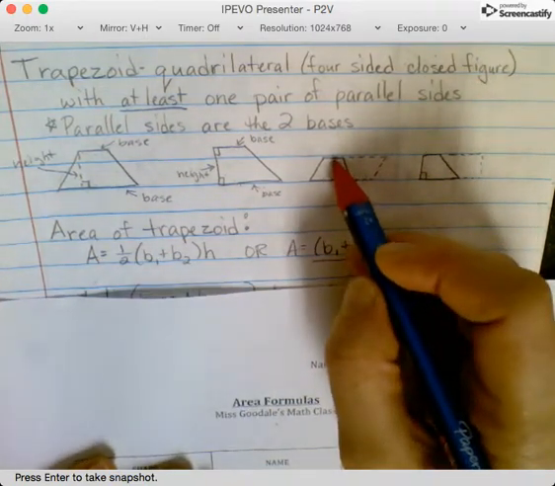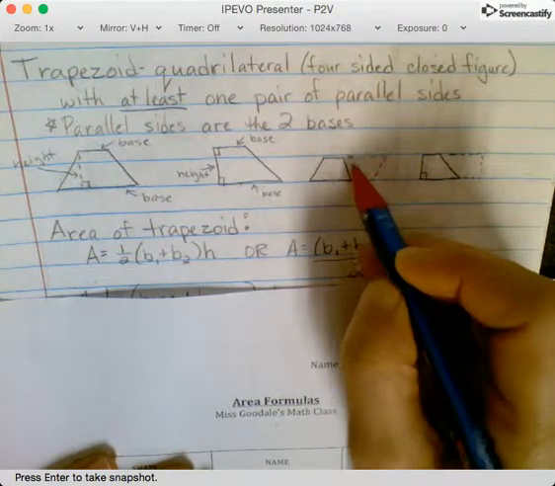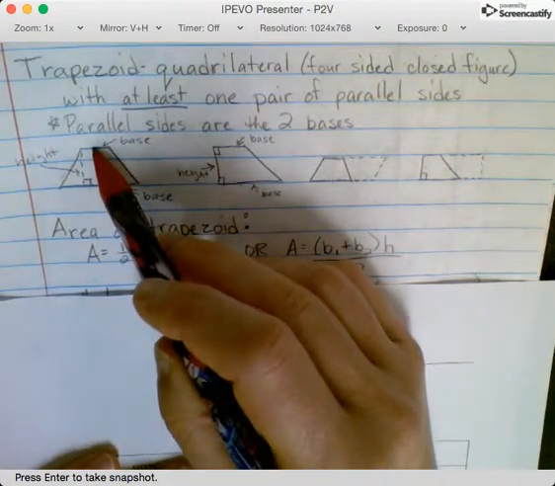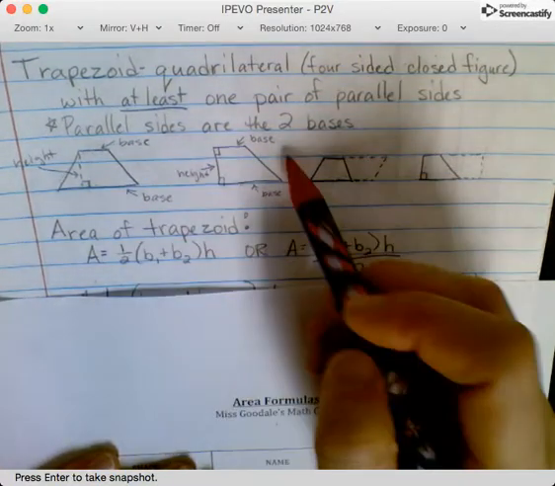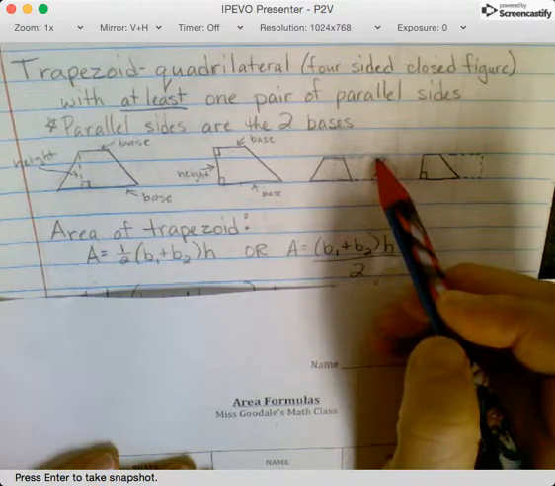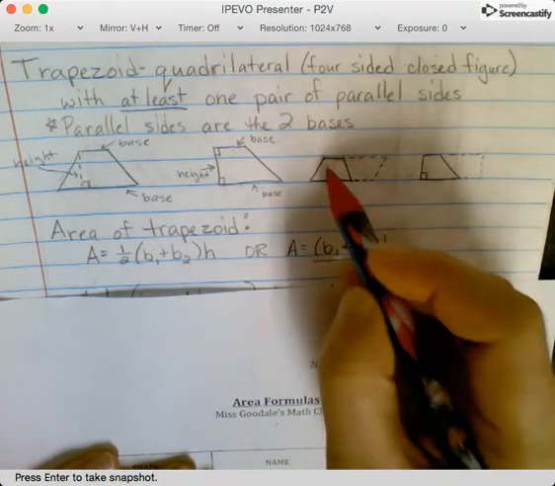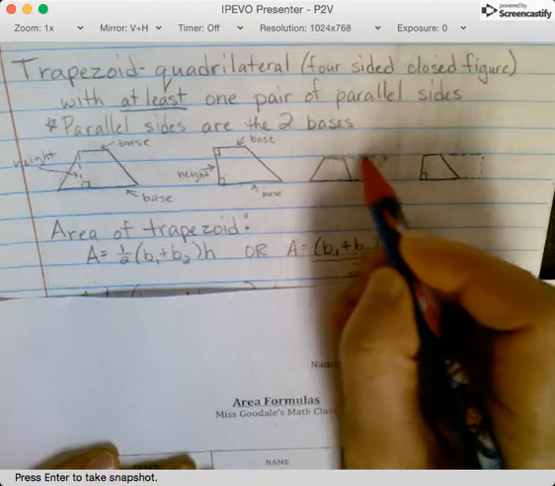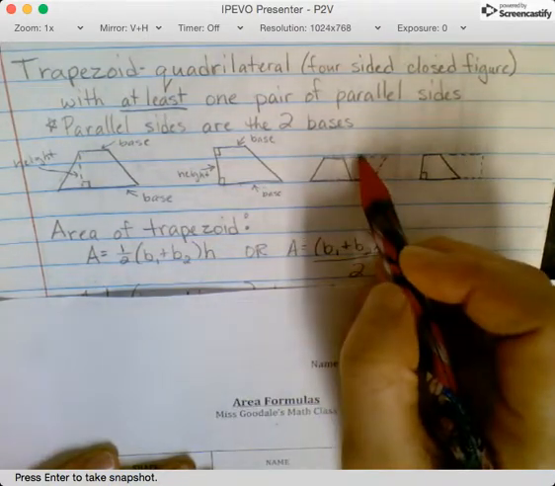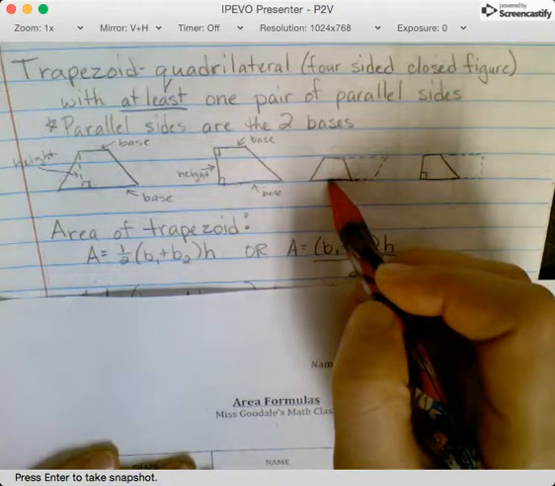If you think about a parallelogram, if I put this and this together, that's actually like adding the top to the bottom. So those two bases together would make this long side, which is the base, and then my height. So that would end up being base 1 plus base 2, and then height is like base times height.